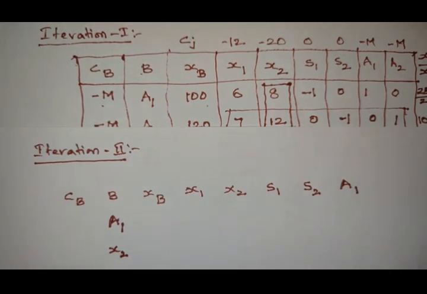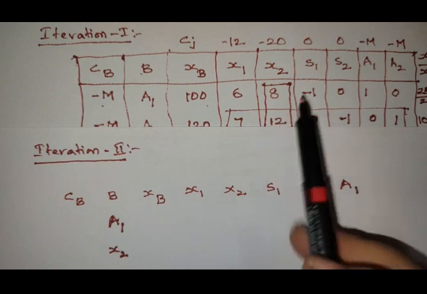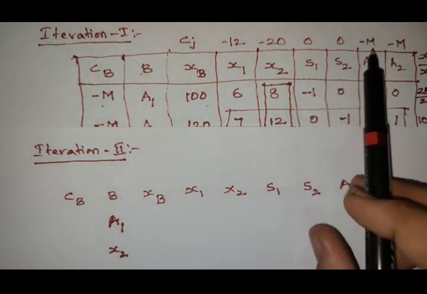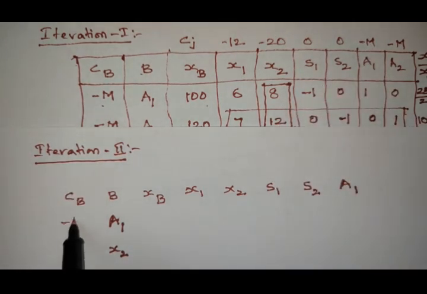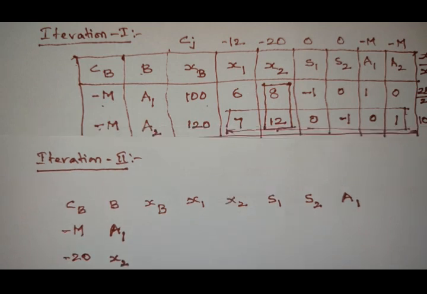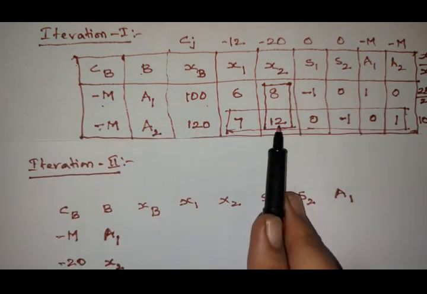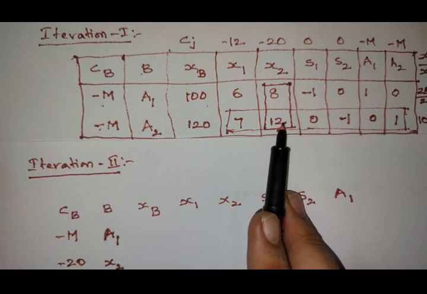Now let us write the coefficients. What is the a1 coefficient? The a1 coefficient is minus M, and the x2 coefficient is minus 20, right? Next, what is the key element? The key element is 12. I need to make this as 1.